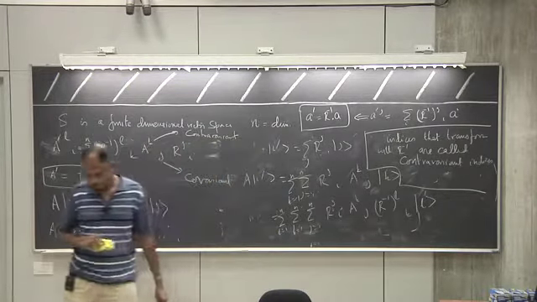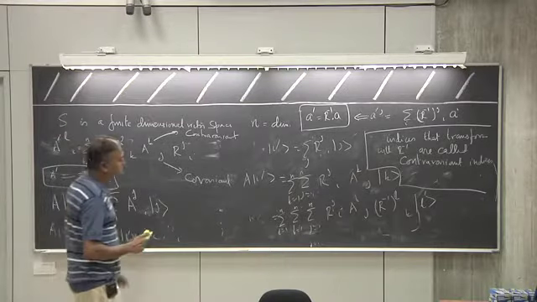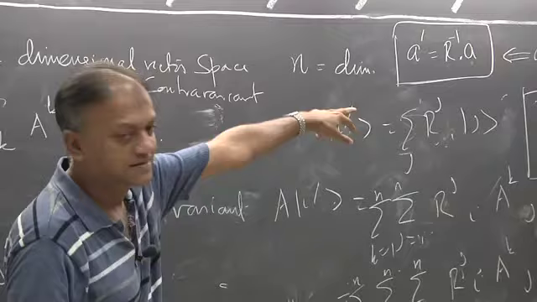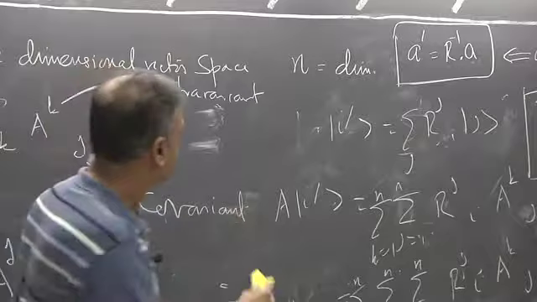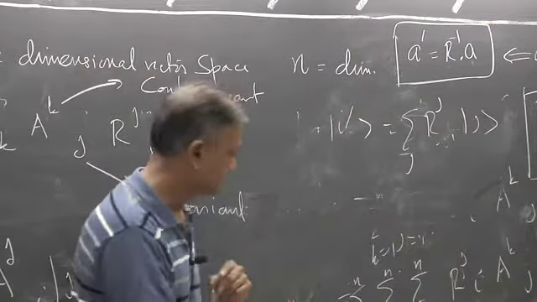Let me see how to say this. Let me first define that, and then I'll come back to it. There is one way to think about it. In fact, it's a very good question, actually.